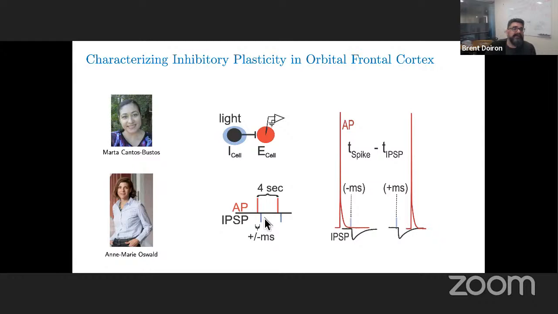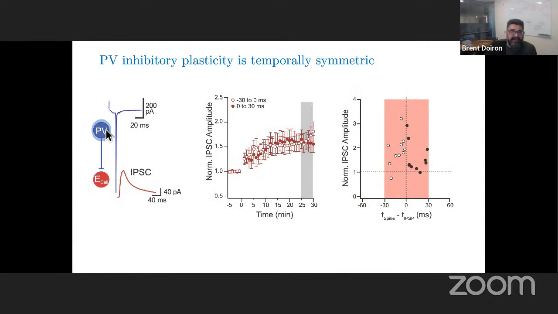This is going to be a spike timing dependent plasticity style protocol here. If she activates PV neurons here, and if we look at lags or leads that are either within minus 30 milliseconds to 0 milliseconds or 0 to 30 milliseconds, it doesn't matter. Both of these protocols lead to an overall potentiation of inhibition. So this is what I would call a homeostatic style inhibition.